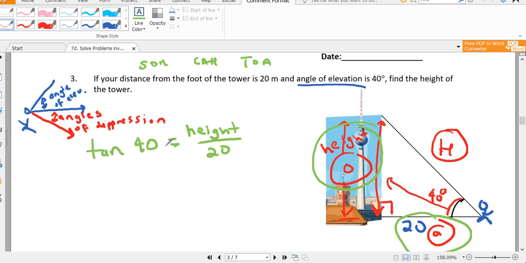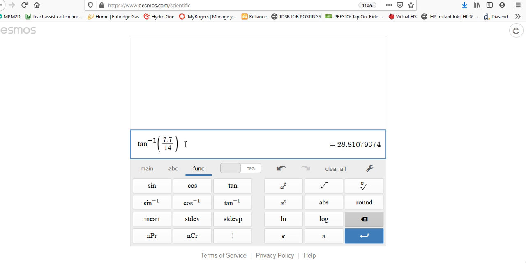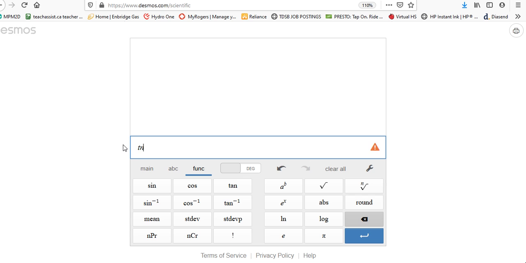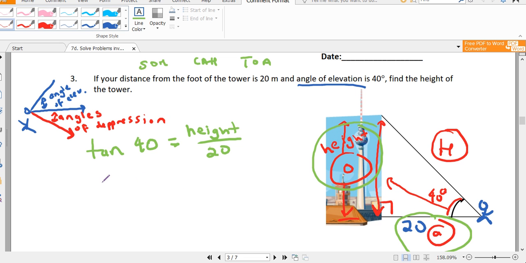So now what is tan of 40? Tan of 40 is 0.839. 0.839 is equal to, I'm going to use h for height. Actually, I might just write out height just in case you get confused with hypotenuse. Divided by 20. Now I multiply both sides by 20.